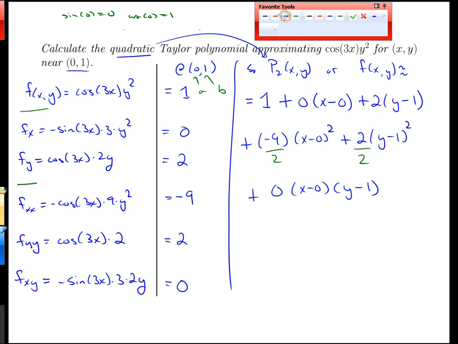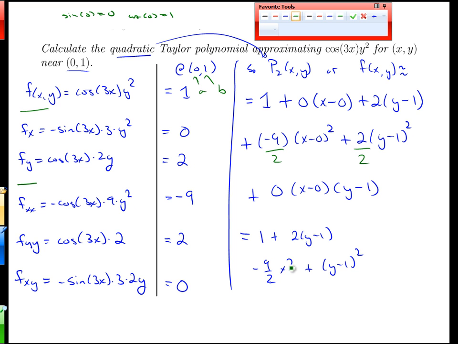Of course, we should simplify this. This is just a nice clear connection between the formula that we had before and this particular example. But at the end of the day, we're going to get 1 plus 2(y minus 1) minus 9 halves x squared plus (y minus 1) squared and plus 0. So that would be a quadratic.